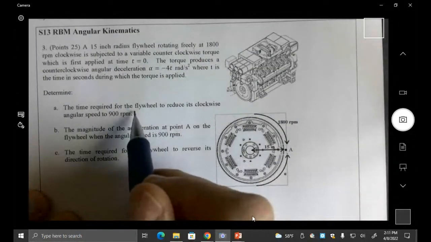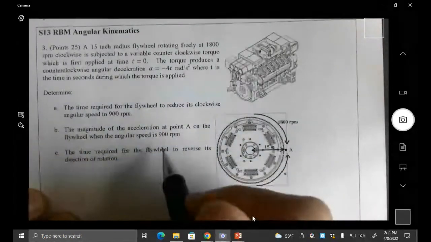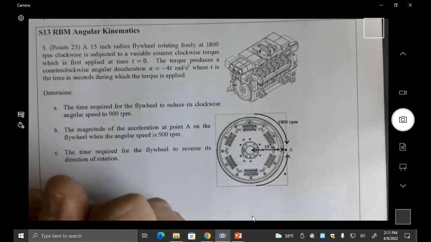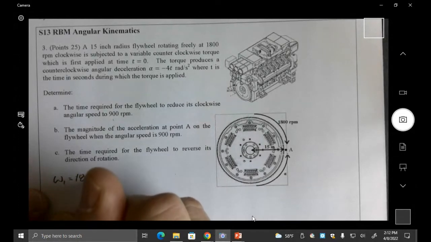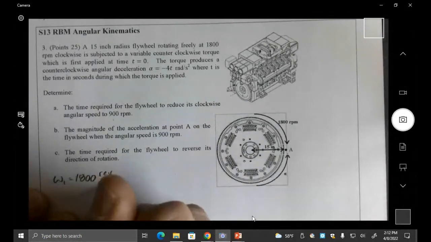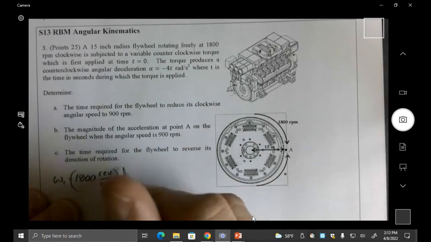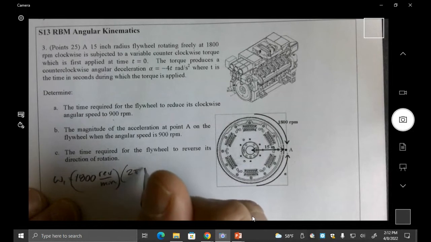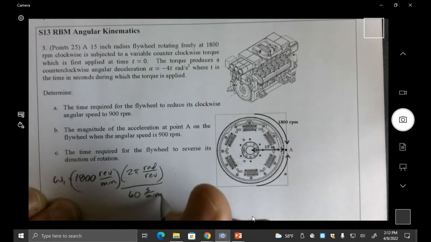Okay. So the first thing I would do is turn this into radians per second, because that's our base unit. So omega 1 was 1800. Remember that it's rev per min, so we want to multiply by 2 pi rad per rev, and then divide by 60 seconds per min.